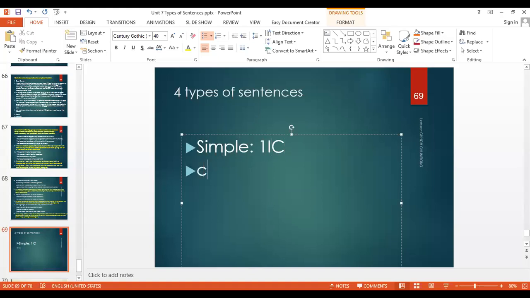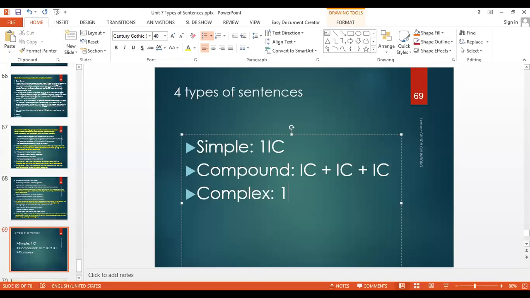And then compound: IC plus IC, or there can be one more IC. We can combine three sentences, no problem. And how about complex? One IC plus one or more DC.